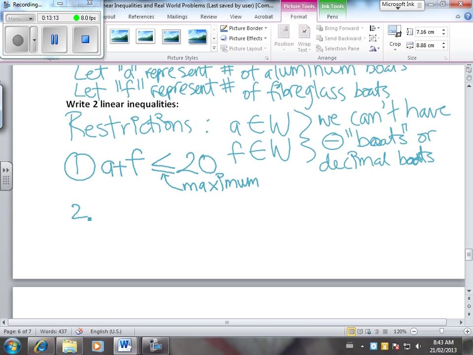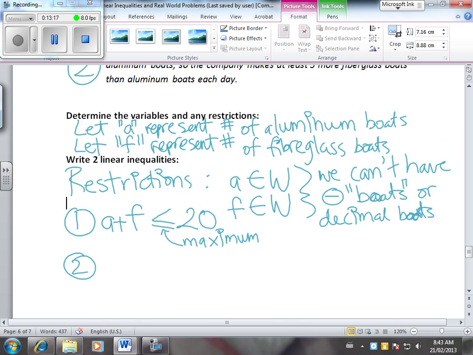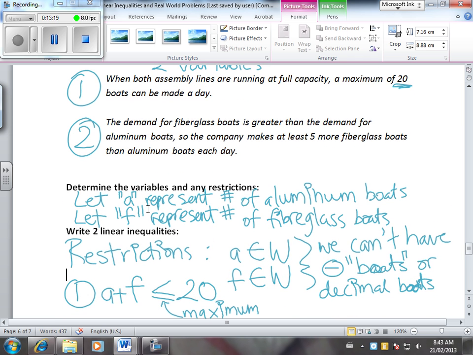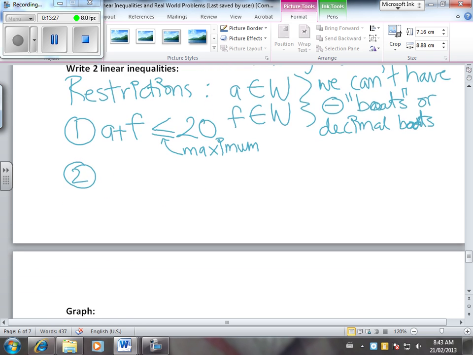And then our second inequality. Remember that the company makes at least 5 more fiberglass boats than aluminum boats each day. So we have fiberglass boats on one side of the inequality, and over here we'll have aluminum plus 5, right? However many aluminum boats they make, 5 more fiberglass boats.